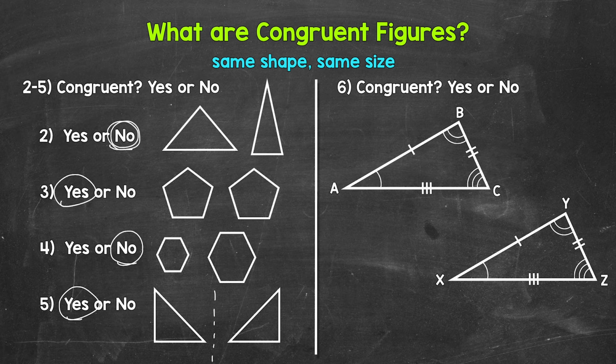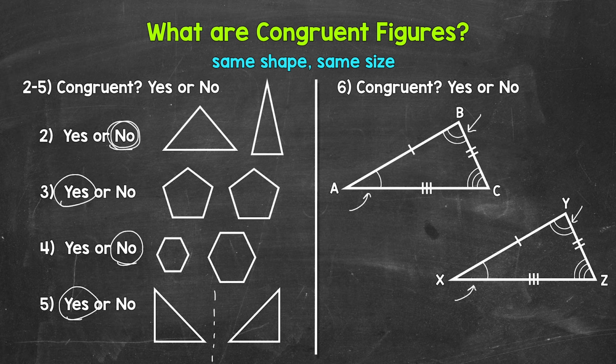Let's start with the angles. We have one arc for angle A right here, and one arc for angle X right here. That tells us that these angles are congruent. They have the same measure. Moving on to angle B and angle Y, we can see that those two angles have two arcs.